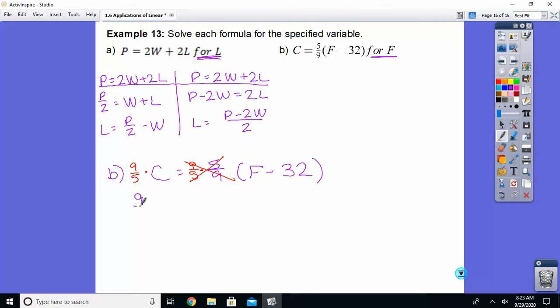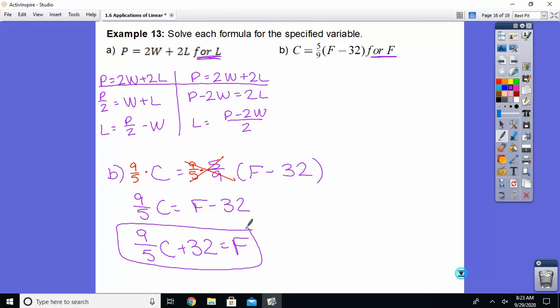So then we have 9/5 C equals F minus 32. And then add 32. So 9/5 C plus 32 equals our F. See? You got it. Is 9C/5 the same? Yes, 9C/5 would be fine. Any questions here?